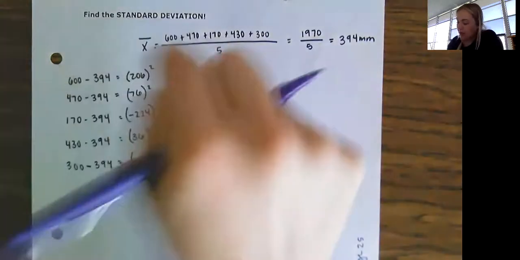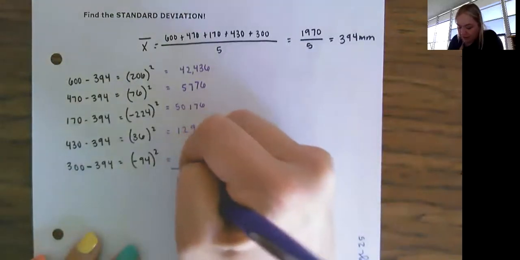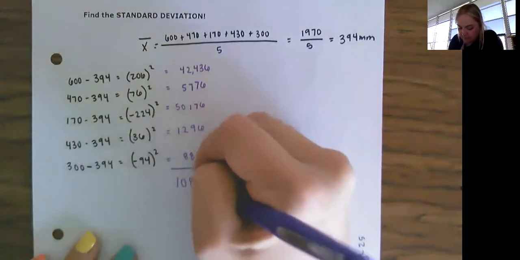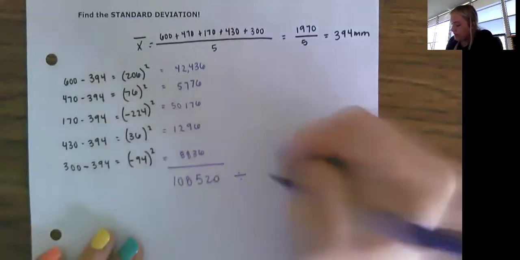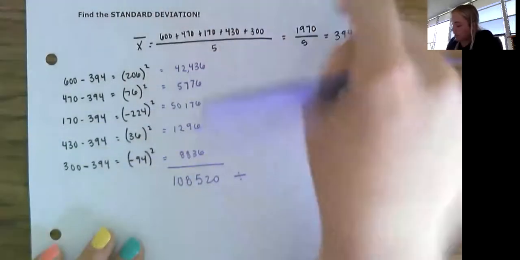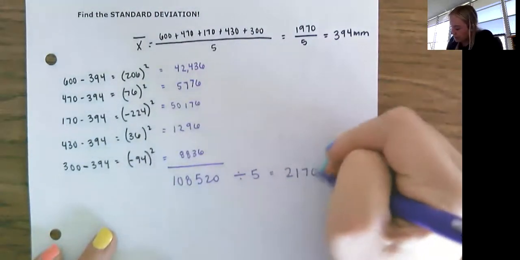So when I add them all up, I get 108,520. Now I've got to divide by the number of dogs that there were. So I'm going to divide by 5 dogs, and I get 21,704.